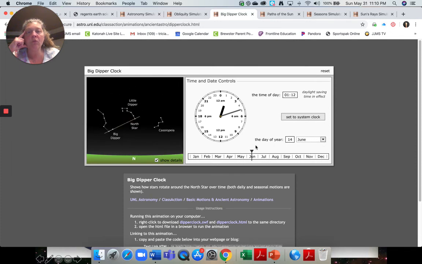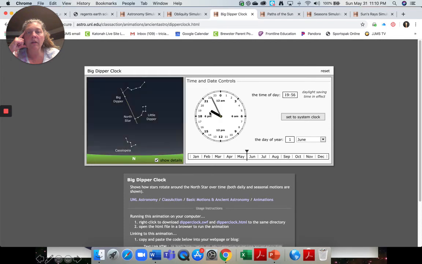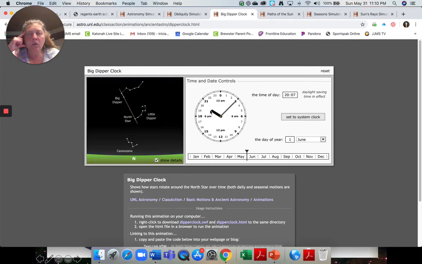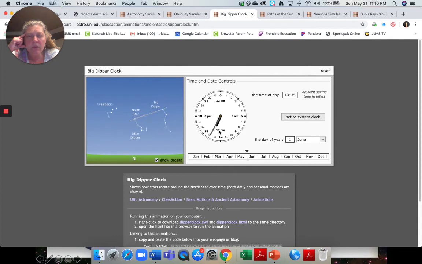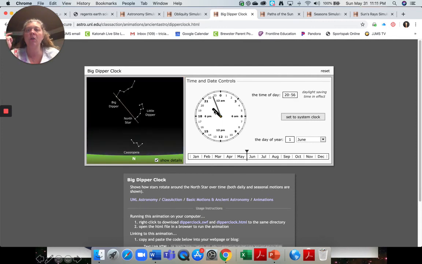So if you go out right now, it's the end of May, beginning of June, and you go out at 9 p.m., that's where it's right above you. The Big Dipper is pretty much right above you, right? But if you go out at the same exact time in the winter, well, the Big Dipper is really low in the sky.